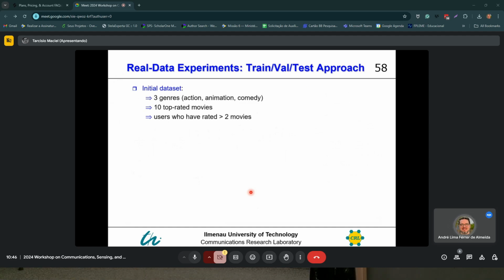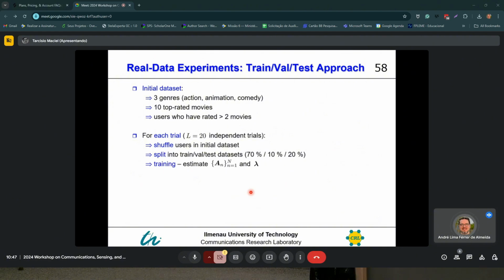Of course we do the usual training, validation, and testing. We have the initial dataset with 10 movies. For each trial, we first shuffle the dataset, and then we split it into training, validation, and testing sets. In training, we want to estimate the PMF, in other words, to estimate the CPD components of the PMF tensor. In validation, we want to select the best parameters, in this case the rank.